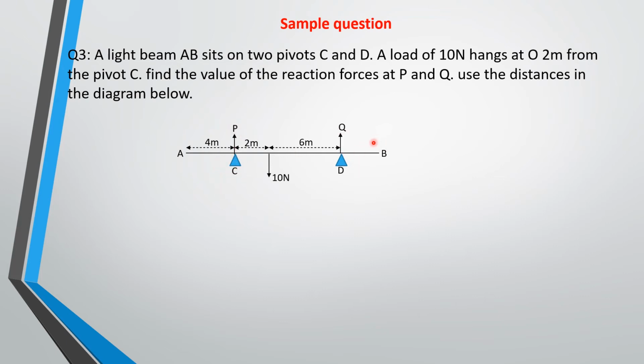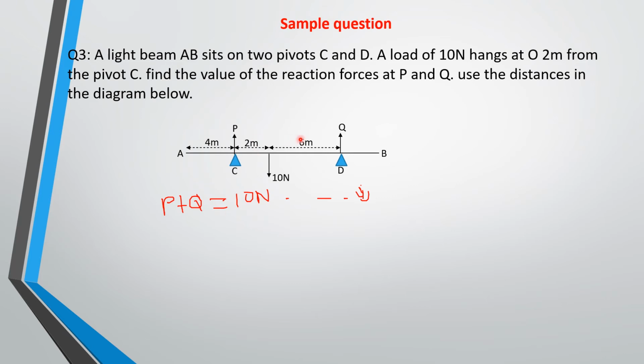These two reaction forces are equal to the downward force, or the weight of the meter rule. So we can say that upward force equals downward force, which is P plus Q is equal to 10 Newton. This is your first statement.